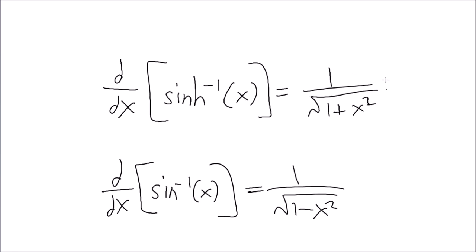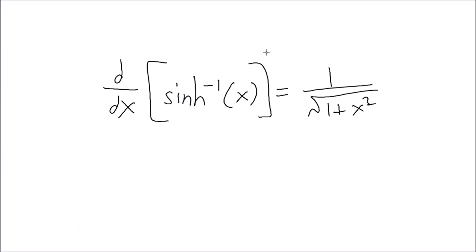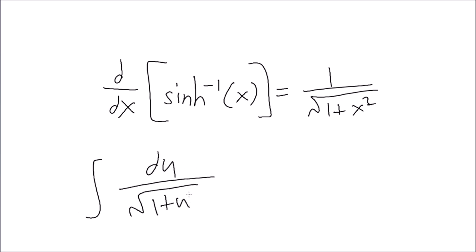This is very useful so that whenever you come across an integral, let's say you did u substitution and then you end up with du over the square root of 1 plus u squared, most people would do trig substitution, u equals tangent theta.